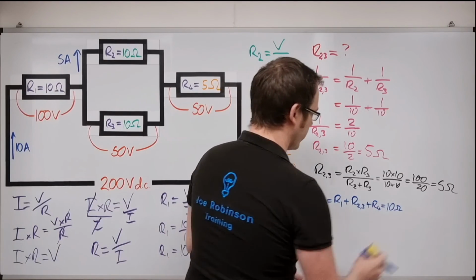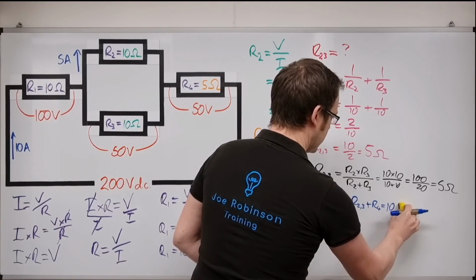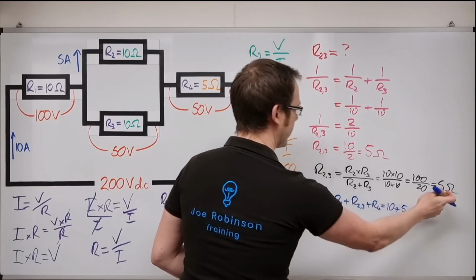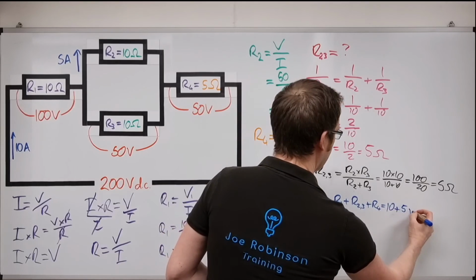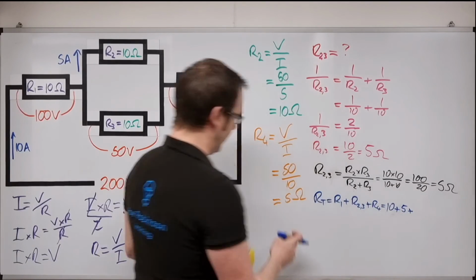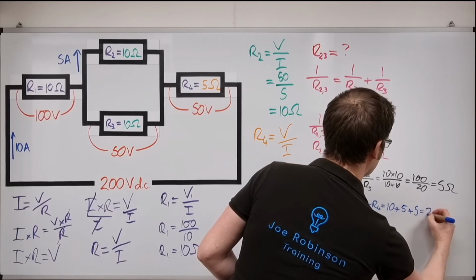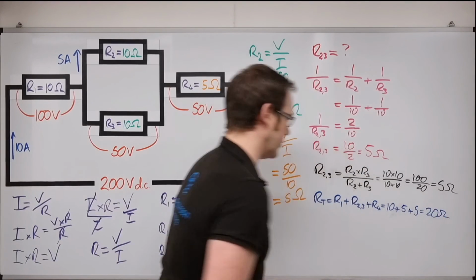I'm going to remove that ohms from there because this adds to the confusion a little bit. 10 plus 5 that we calculated here and here, and then plus that 5 ohm resistor that we calculated there. 10 plus 5, which gives us 20 ohms in total.